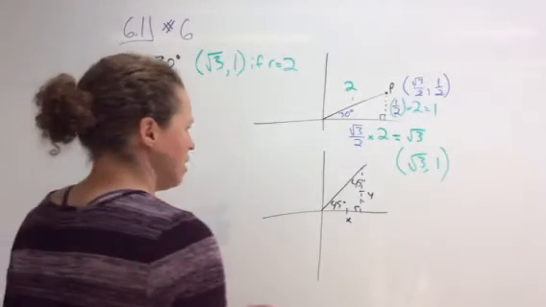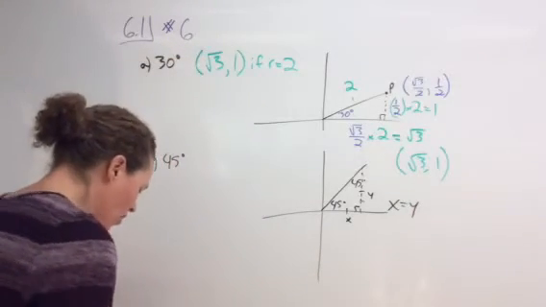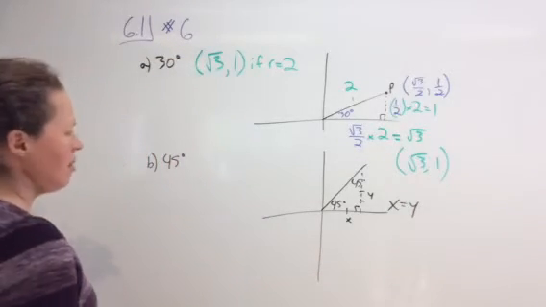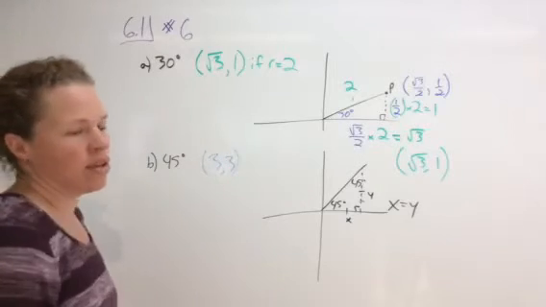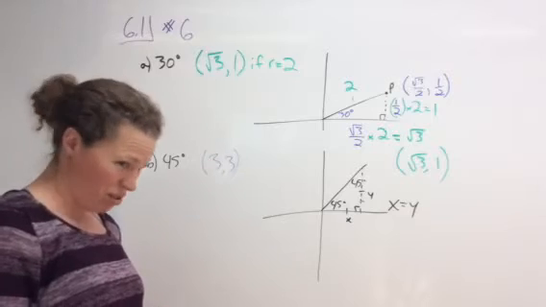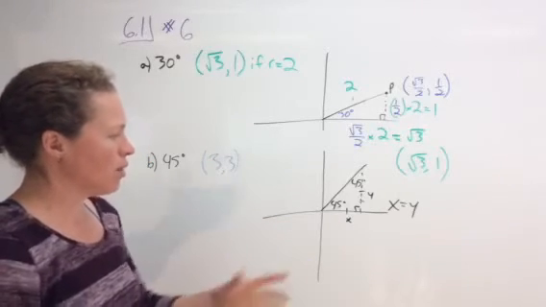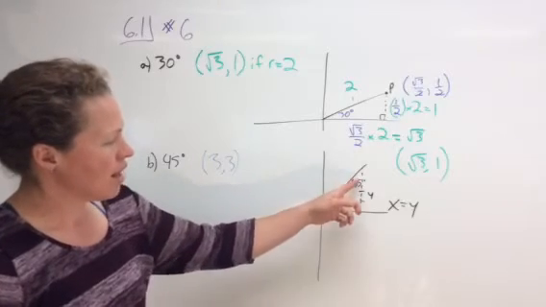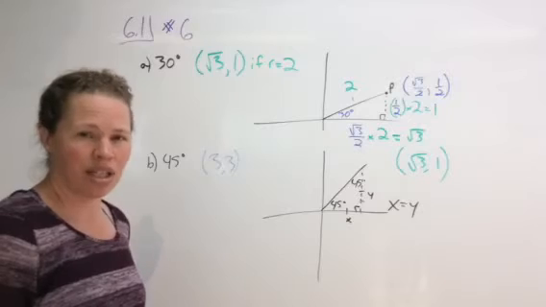So if x equals y, then any point where x and y are the same will work. I can do 3 and 3, 4 and 4, 3.725 and 3.725. As long as they're the same, they're going to get me a triangle with 45 degrees right here, because that one's going to be 45 as well, because that one's got to be 90. They all have to add to 180.